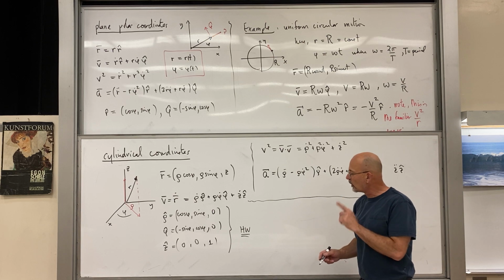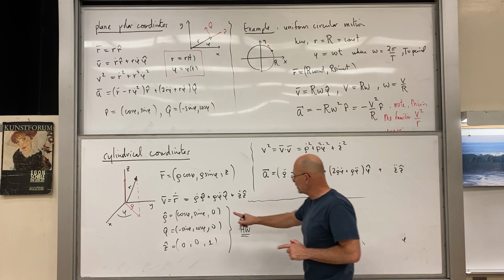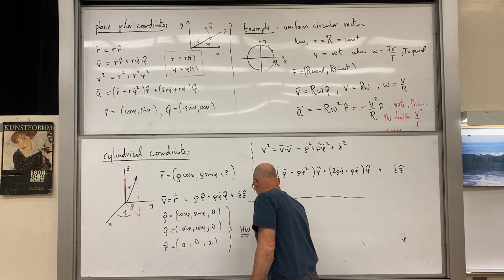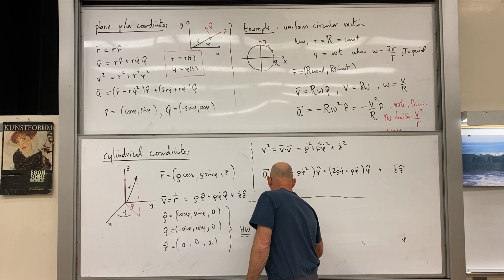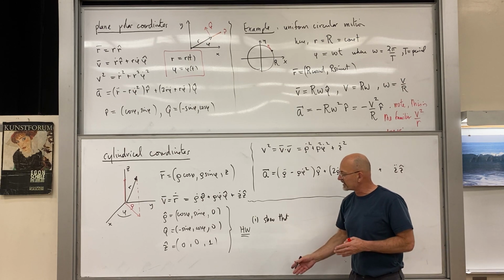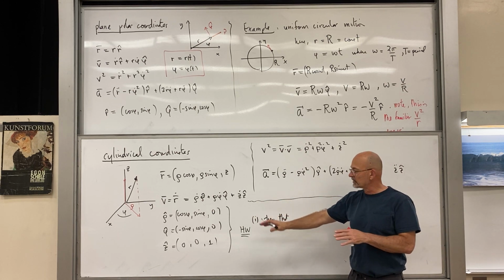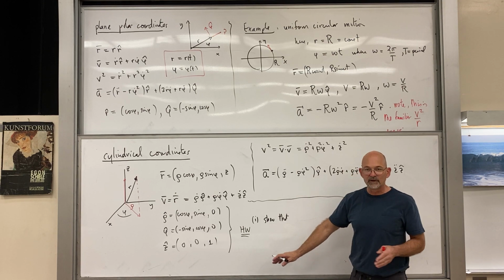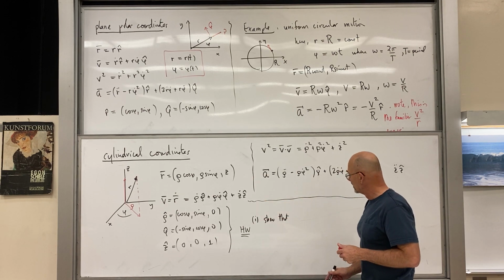Okay, so as far as the homework goes, I just want you to show, first of all, and this is trivial, we've done it, but just for completeness. When you do a problem like this, make sure you write it out thoroughly so everything to be defined and discussed is on your page.